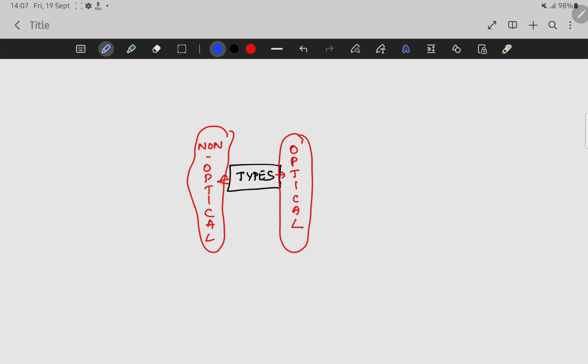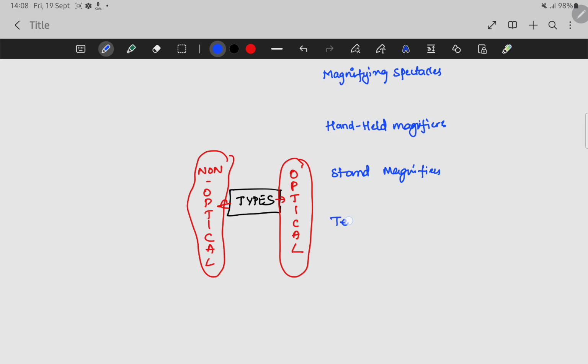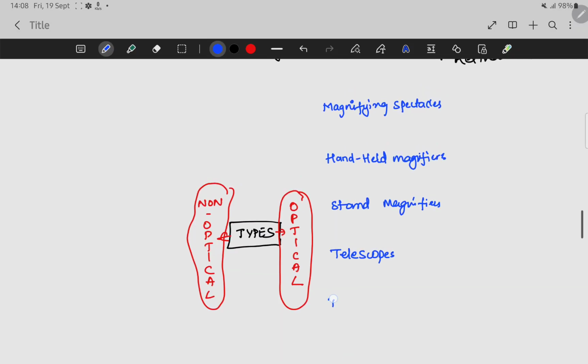In optical we have magnifying spectacles, handheld magnifiers, stand magnifiers, telescopes, intraocular low vision aids.